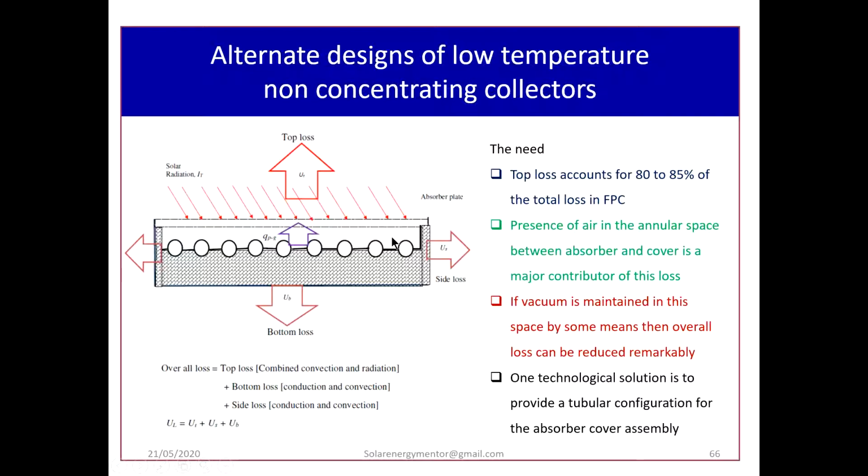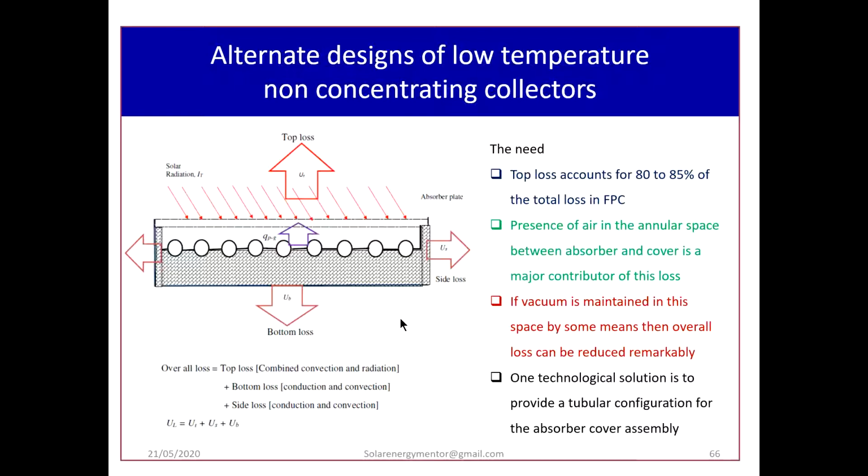If somehow, with some technology, we could maintain a no-air condition like vacuum here, then this convective loss would drastically be reduced and the top loss would be reduced. But in a flat plate collector of this configuration, how to maintain the vacuum? We have to seal these ends and make the entire structure of the flat plate collector sealed. At the time of manufacturing we can seal the entire box.